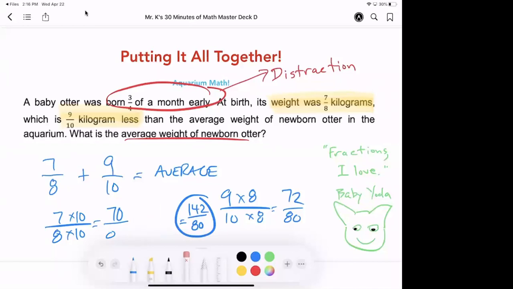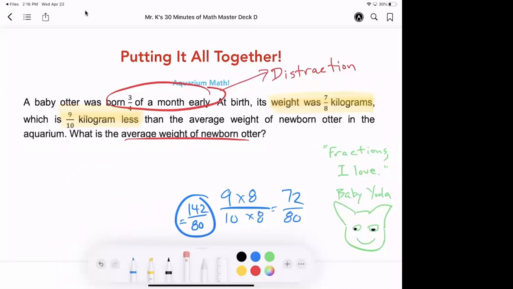Let me get rid of all this so we have some space. Okay, 142/80ths would give us 80/80ths. That's one part of our number bond. And then we would have 62/80ths left.